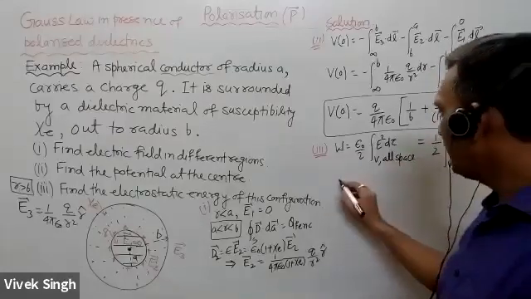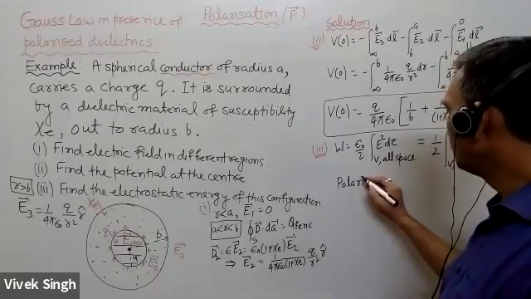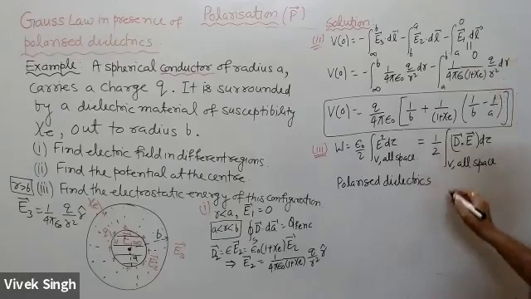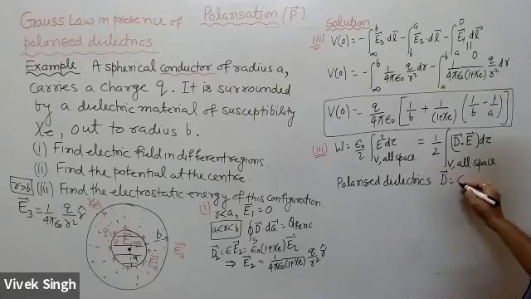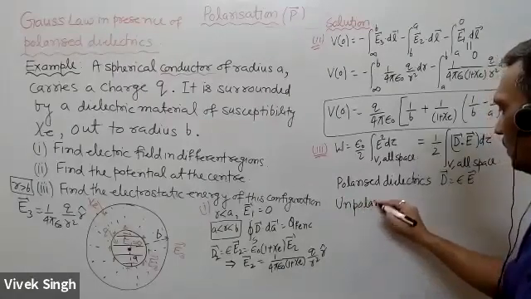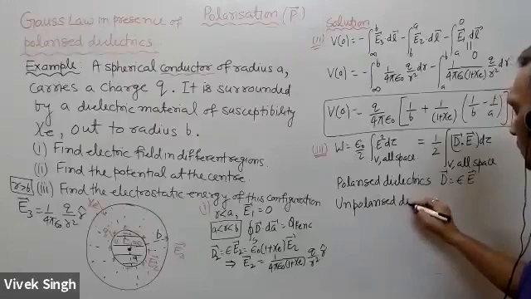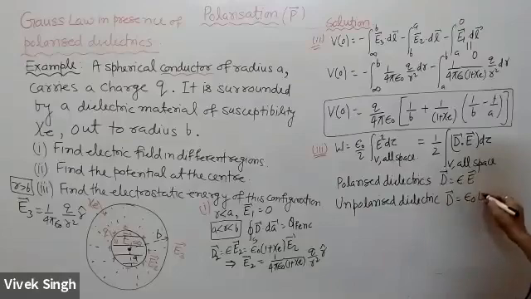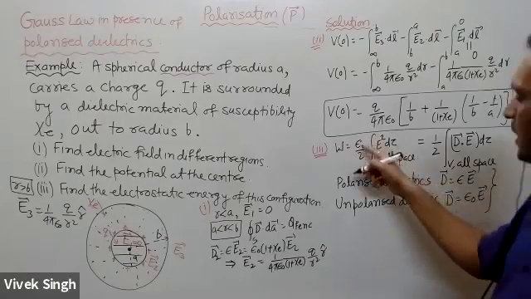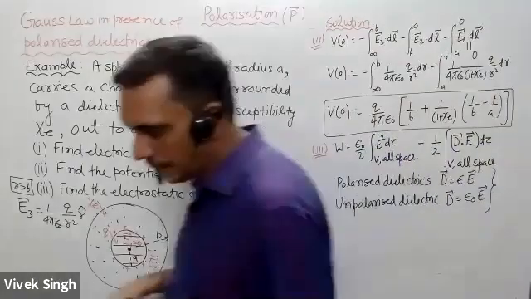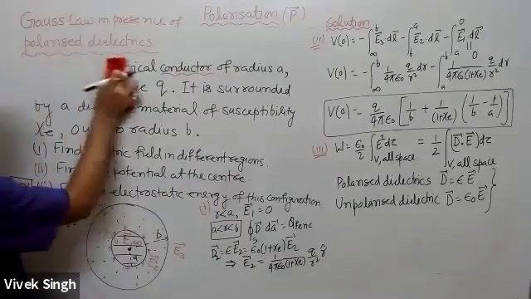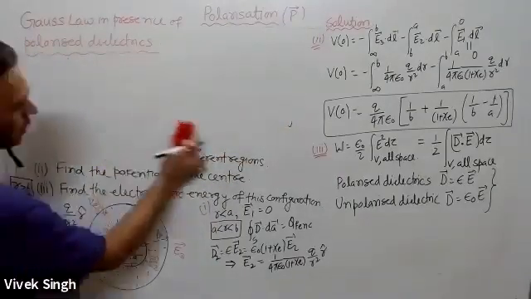When you have polarized dielectric, use D is epsilon E. And when you have unpolarized dielectric, use D is epsilon naught E. So instead of epsilon naught, you will get epsilon. So now we have to calculate electrostatic energy.